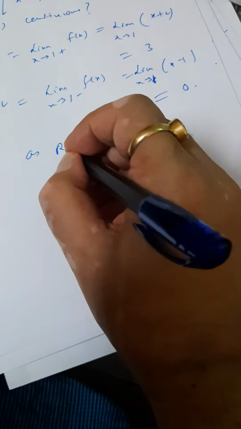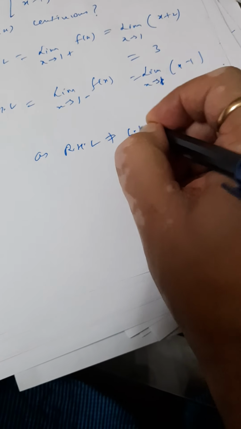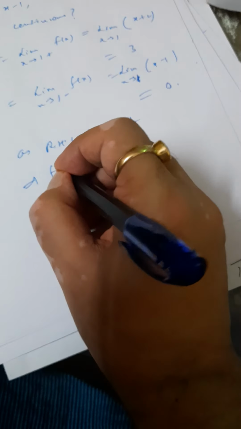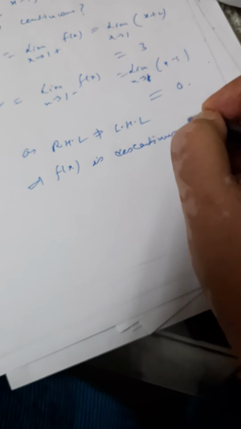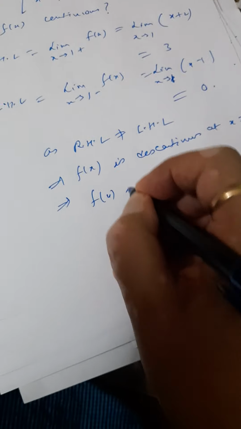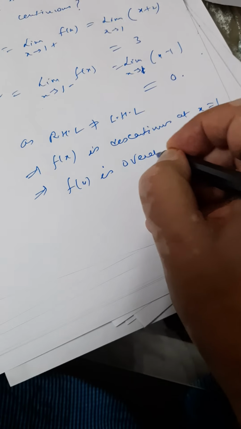So as the right hand limit is not equal to the left hand limit, f(x) is discontinuous at x equals 1. So f(x) is overall discontinuous.